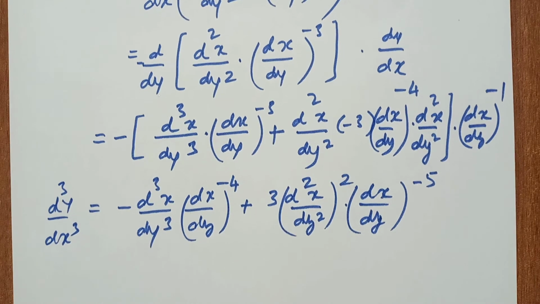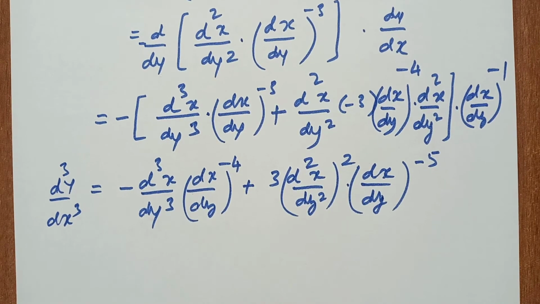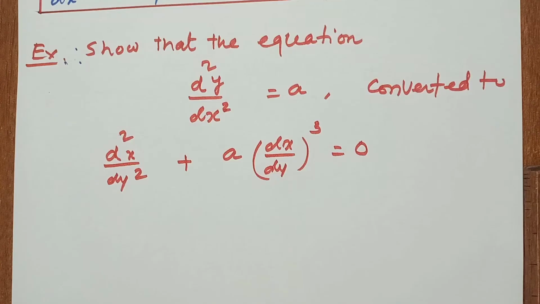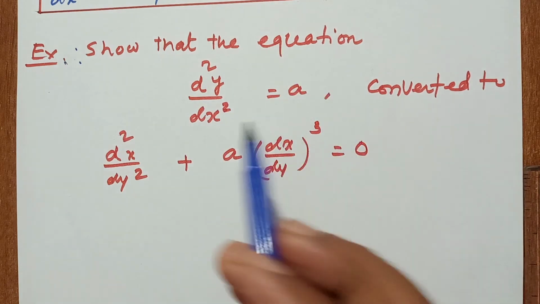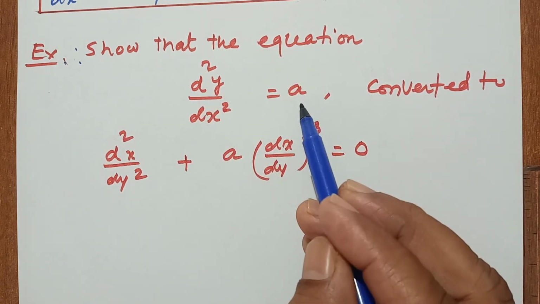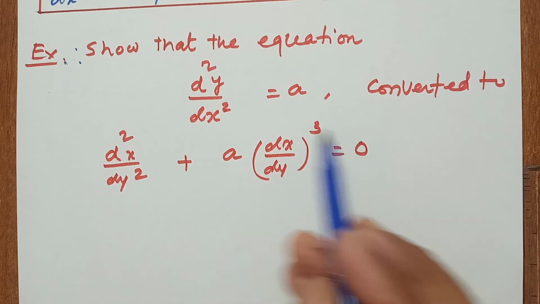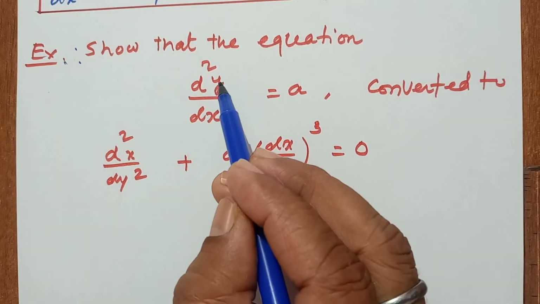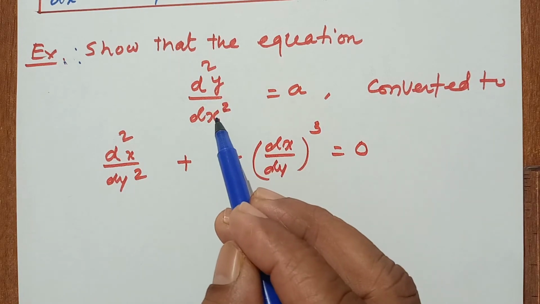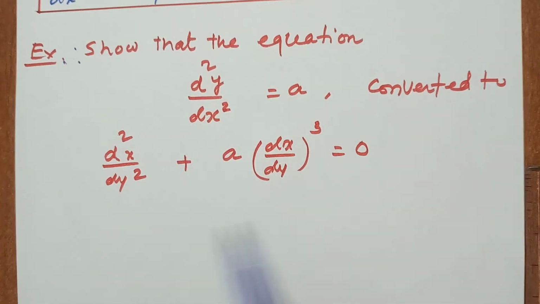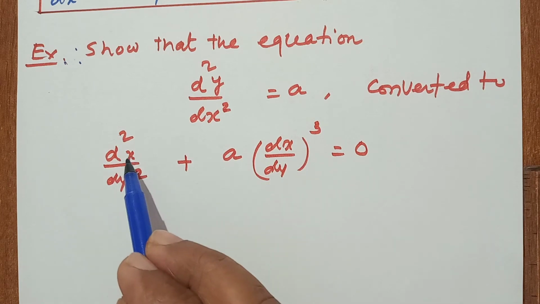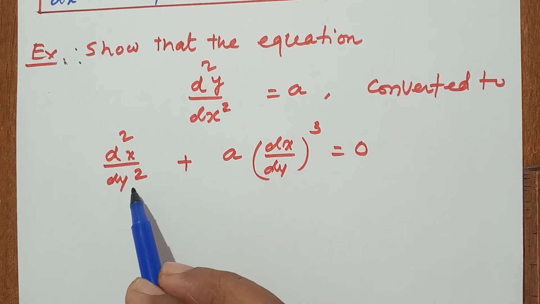It means if we need to solve differentiation with respect to x, this is how we convert to differentiation with respect to y. So why this substitution? An example of change of variables: the equation d2y upon dx2 equals a is converted into another form. Here y is the dependent variable and x is the independent variable, but in the converted differential equation x is dependent and y is independent.